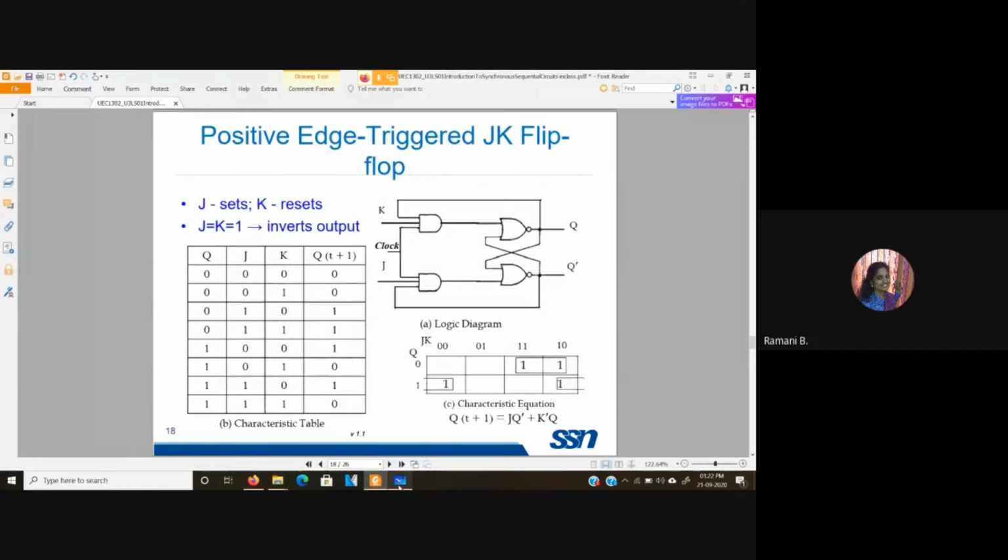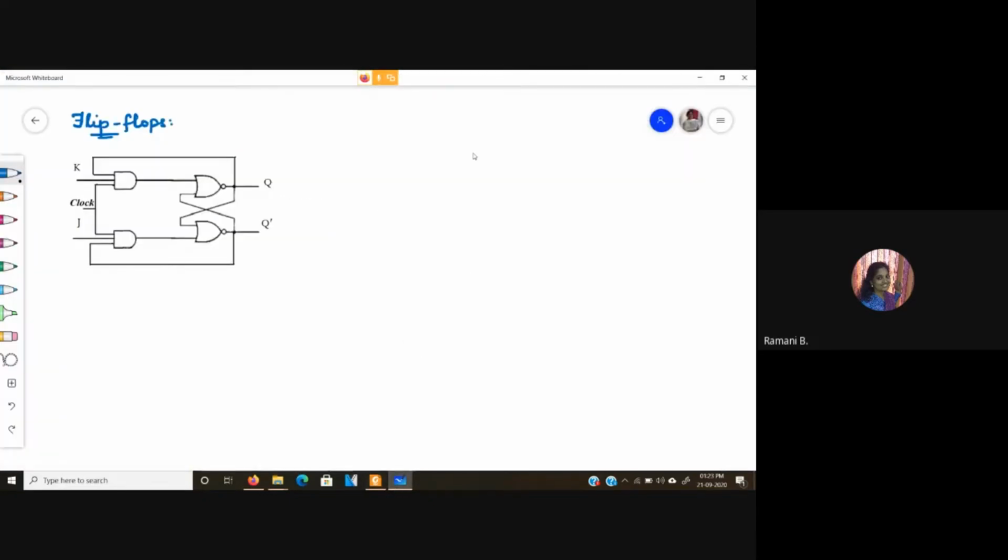So with JK flip-flop, we shall see the functionality. Here the circuit slightly changes. So here let us see the condition. So this JK flip-flop is also a flip-flop used to overcome the forbidden condition in SR flip-flop.